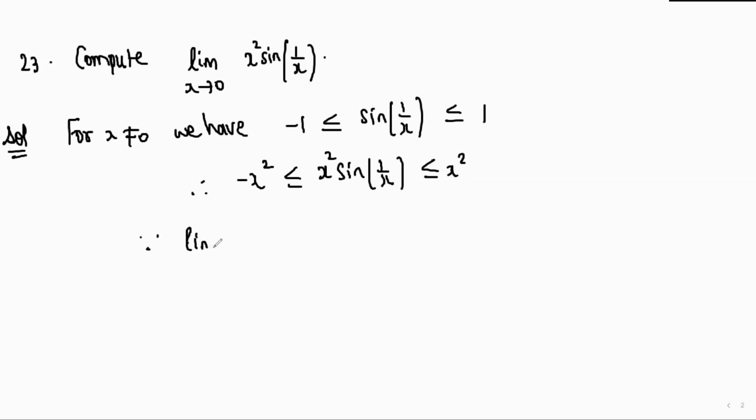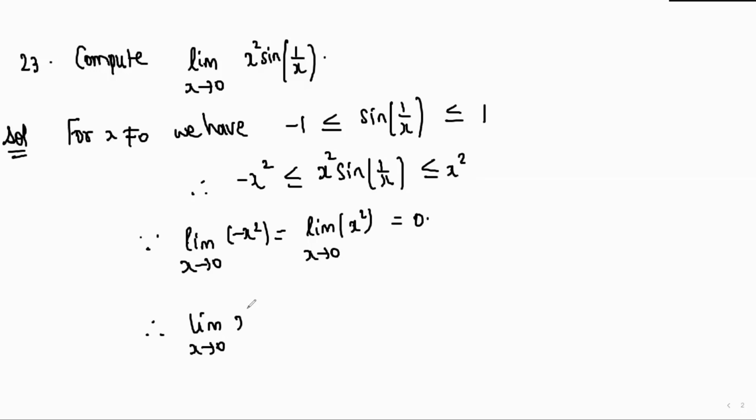Now since limit x tends to 0 of minus x square is equal to limit x tends to 0 of x square, which is equal to 0, therefore limit x tends to 0 of x square sine 1 by x is equal to 0.